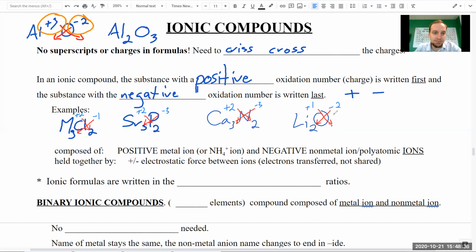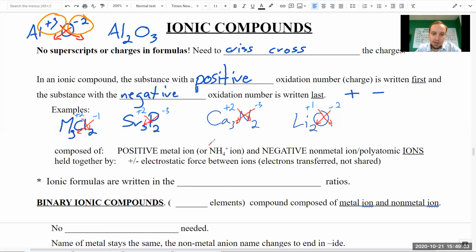It's always the metal first, magnesium, strontium, calcium, lithium, followed by the nonmetals, in this case, chlorine, phosphorus, nitrogen, and oxygen. Okay, so ionics are composed of positive metal ions, or in this case, something called an ammonium ion, NH4 with a +1 charge. We'll talk about that in a little bit, maybe in the next video. And negative nonmetal ions, or a polyatomic ion, which again, I'll talk about later.